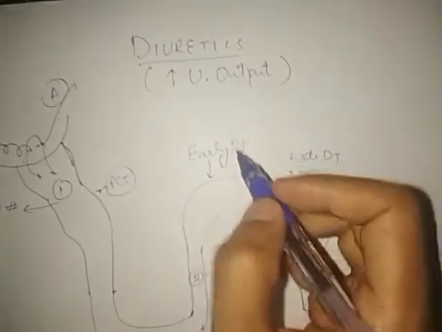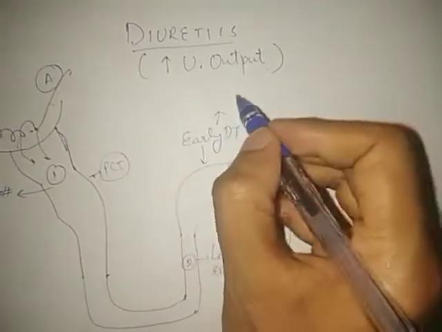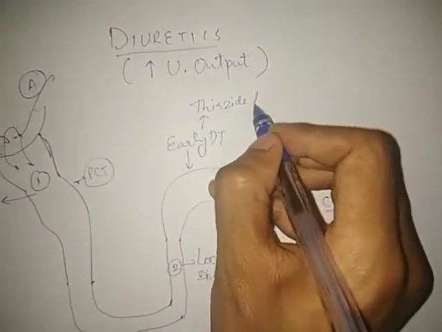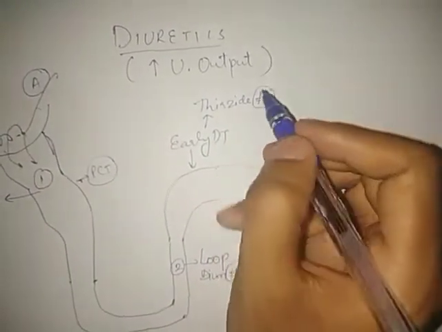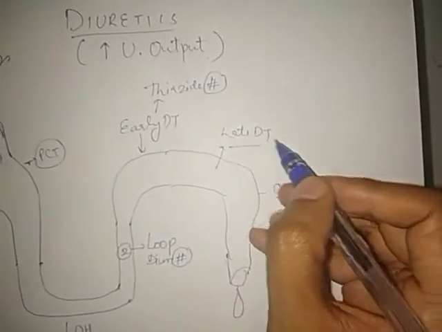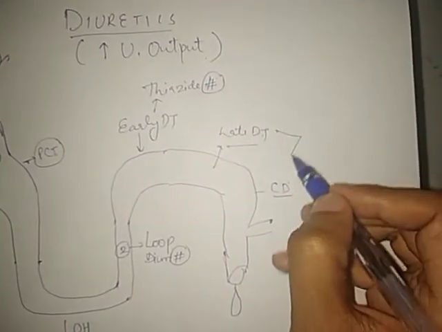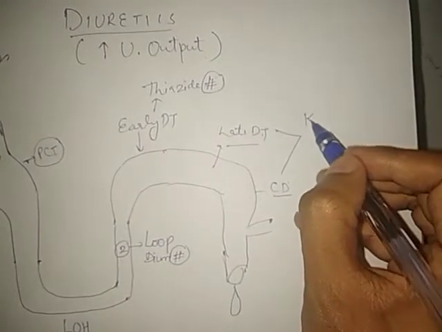The drugs which are working in the early distal tubule are called the thiazide diuretics. The drugs which are working in the late distal tubule and the collecting duct are called the potassium sparing diuretics.